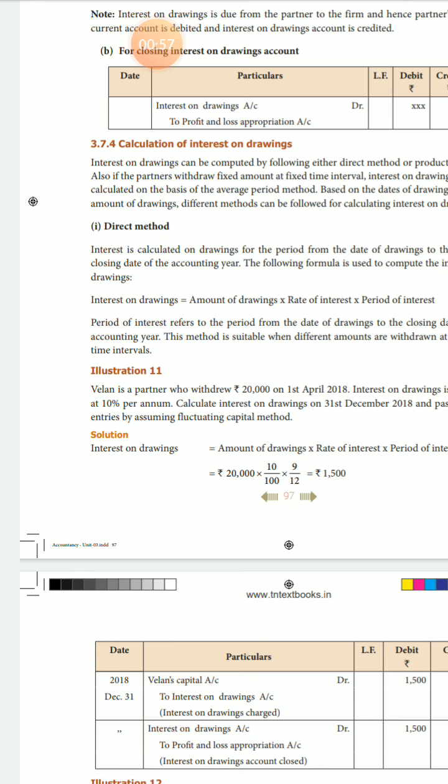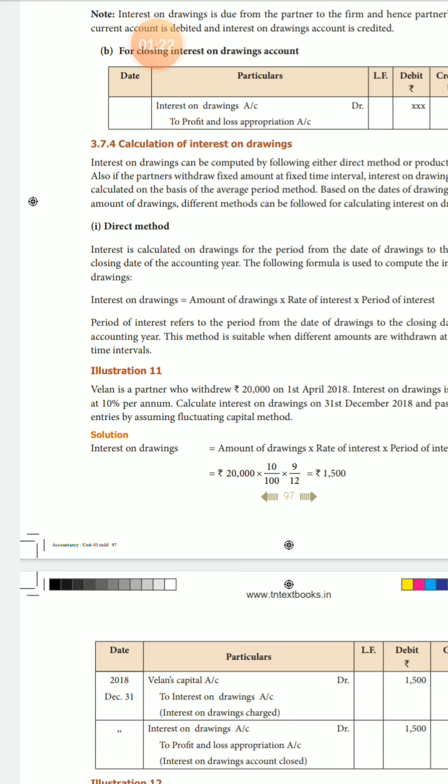Also, if the partner withdraws a fixed amount at a fixed time interval, interest on drawing may be calculated on the basis of the average period method, which is based on the date of drawing and the amount of drawing. Different methods can be followed for calculating interest on drawing.